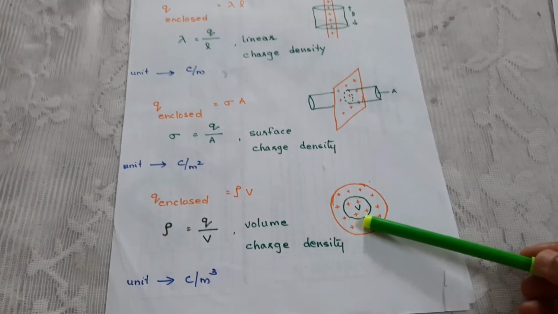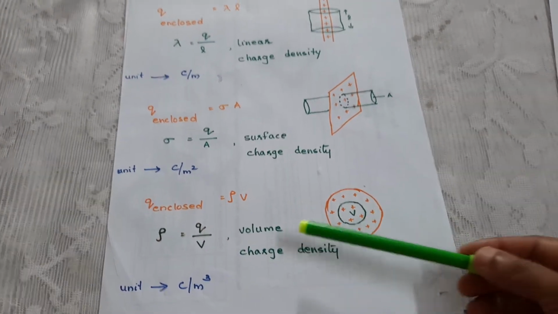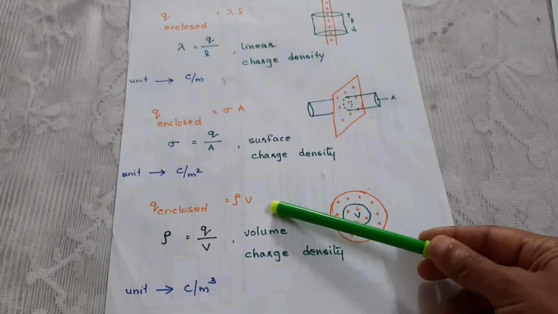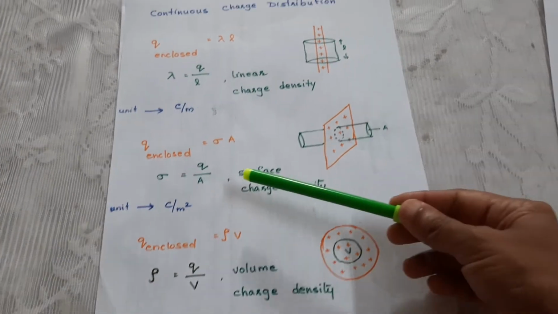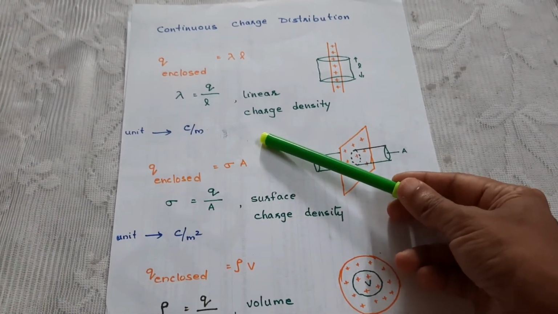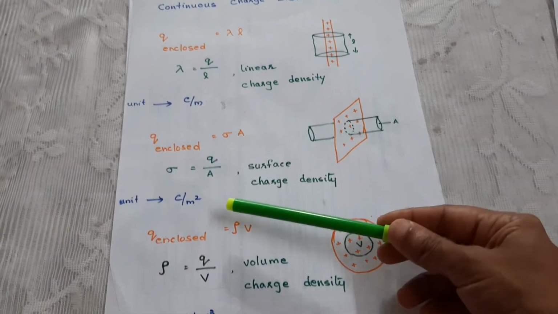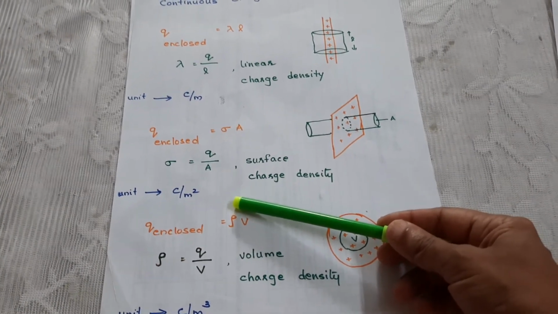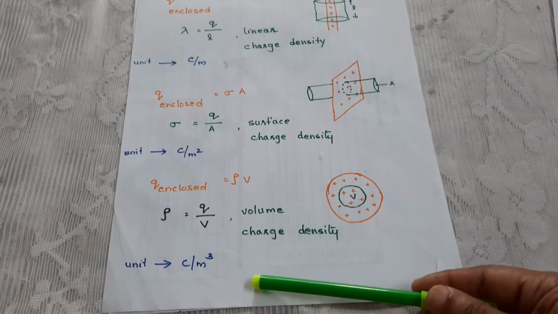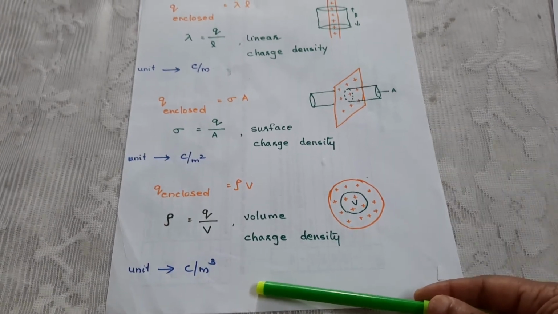So the charge enclosed within a volume is rho into volume. Unit of lambda is coulomb per meter, unit of sigma is coulomb per meter square, and unit of rho is coulomb per meter cube.